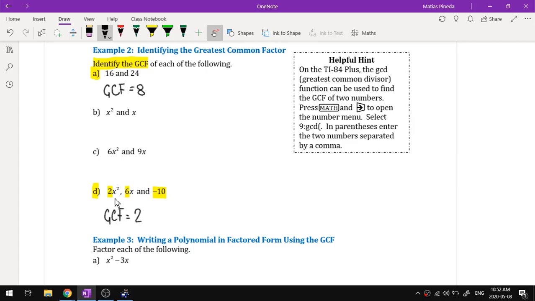If we factor out a 2 from 2, we're left with 1. Factor out a 2 from 6, we're left with 3. And if we factor out a 2 from negative 10, we're left with negative 5. We also have the variable x here, but we have x squared here, we have a single x here, and there is no x here at all, so we cannot factor out that x.